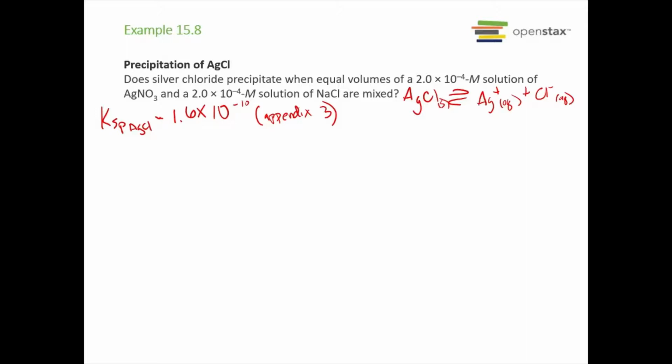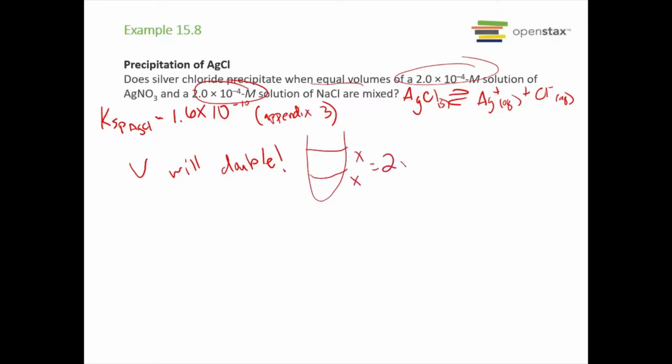One thing we need to keep in mind is that when we combine these two solutions, the volume is going to double, because we're adding equal volumes of these two solutions. So if I've got a test tube here and I start with one thing and I add another, boom, x plus x equals 2x.